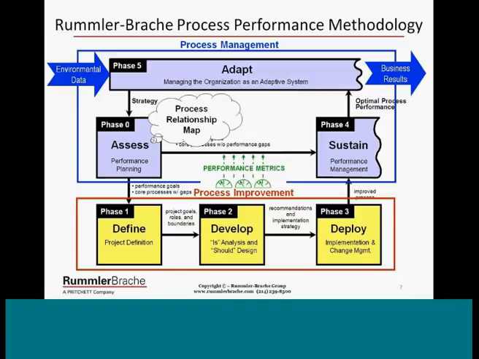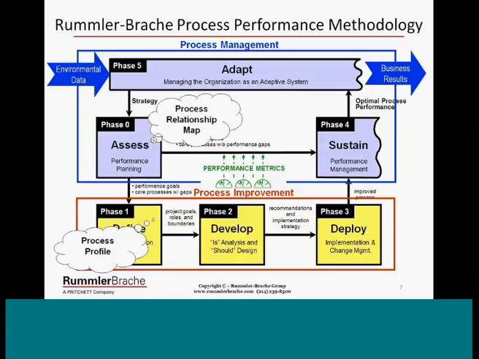There are a lot of features for managing your maps as you make changes and keeping everything organized. So in addition to being a mapping tool, I also view this as a knowledge management tool to some extent. We'll be doing the process profile, which we've covered in past webinars. This is the high-level map.